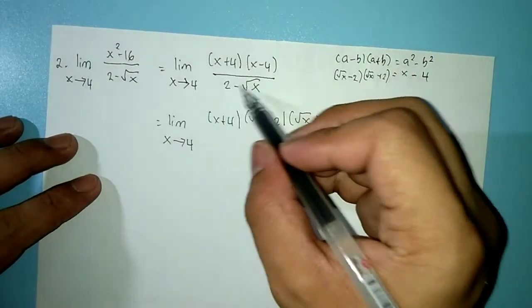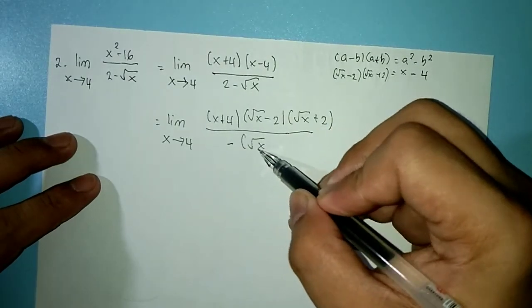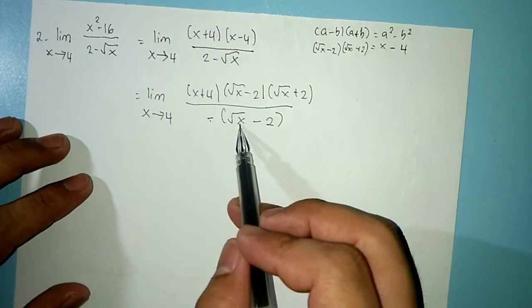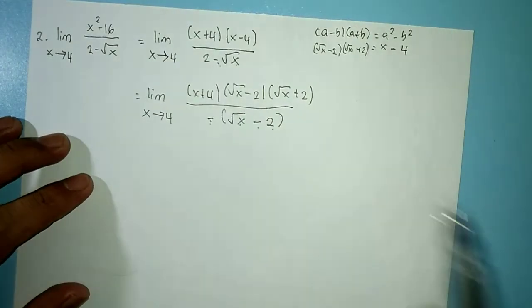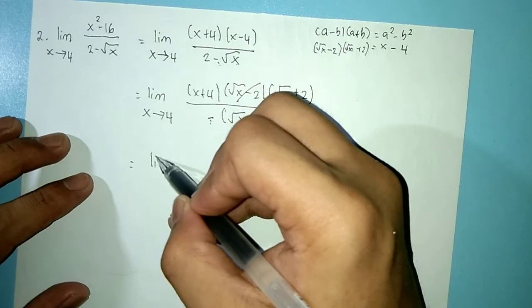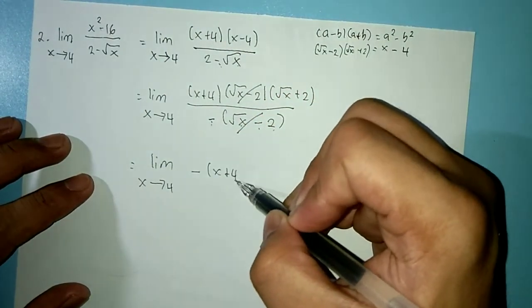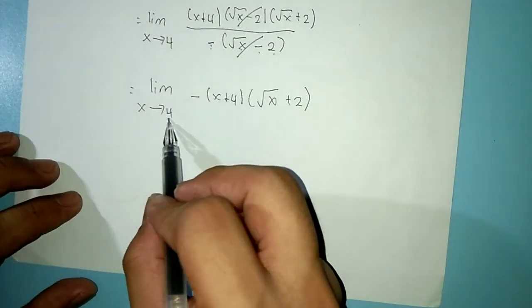So dito, pagbaliktarin lang natin, lagyan lang natin ng negative, then square root of x minus 2. So kung gusto nyo i-check, negative times square root of x, negative square root of x, negative times negative 2, positive 2. So makakancel na kagad natin, then magiging limit as x approaches 4, negative x plus 4, square root of x plus 2, then substitute natin.